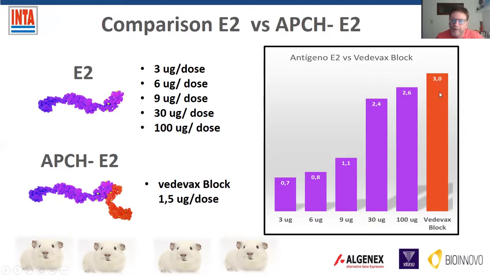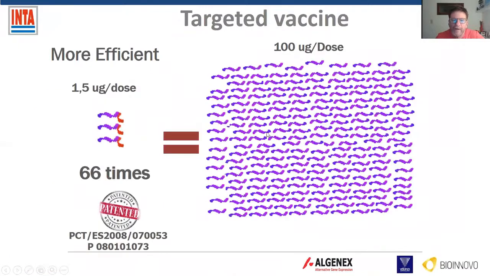This is the result of neutralizing antibodies induced by the APCH technology, and these are the results with the different amounts. So these results show that if you use our targeted vaccine, we improve the immune response 66 times.